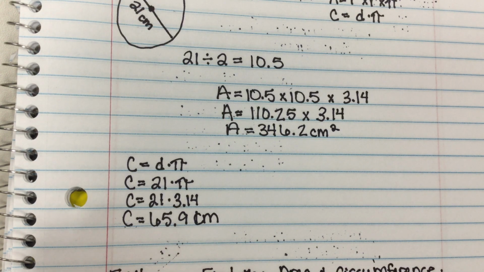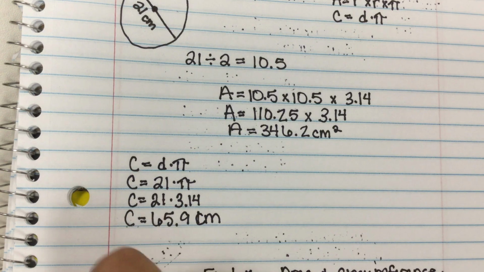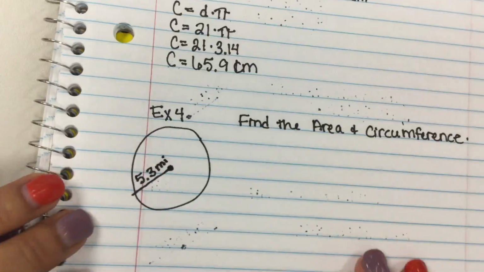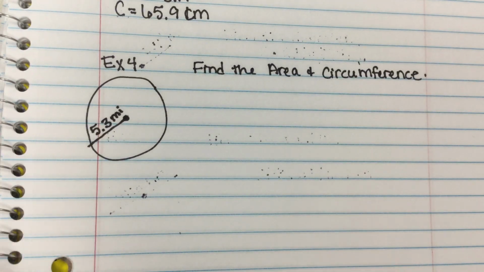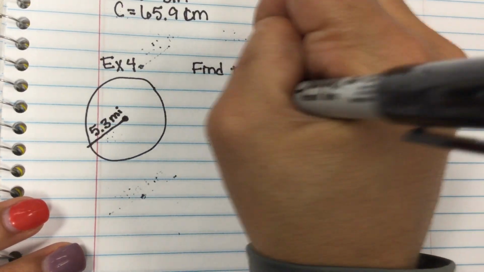So from here to here, that's going to be 5.3 miles. So pretend we're talking about a very big area here, very big place. So again, go ahead and pause the video. I'll give you your formulas.